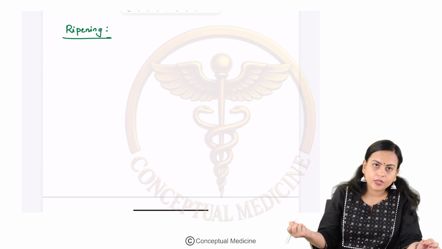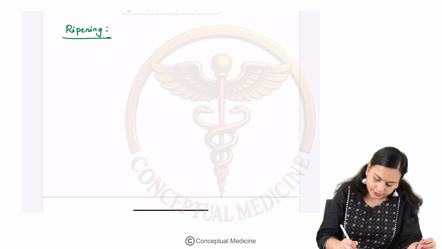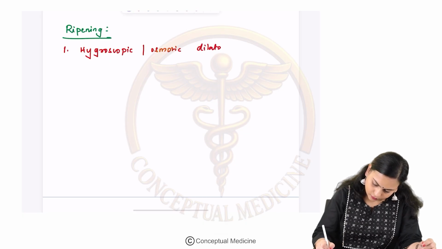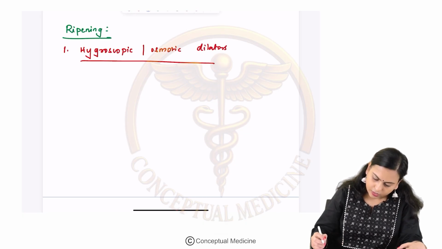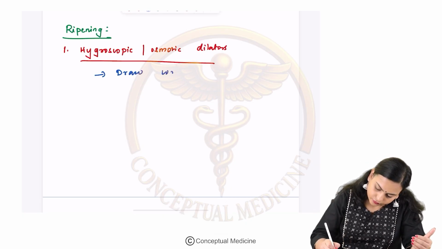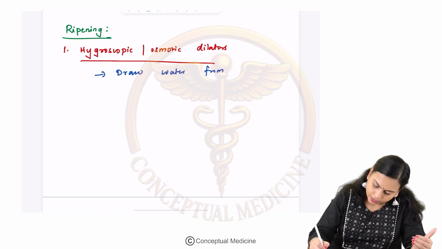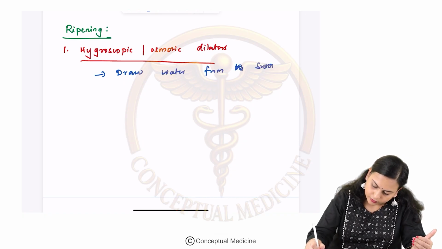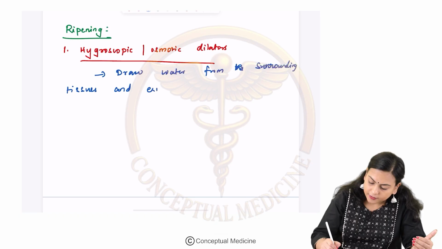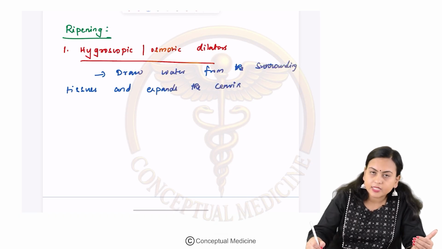Number 1, we can use hygroscopic or osmotic dilators. Now these osmotic dilators draw water from the surrounding tissues and expand the cervix, resulting in dilatation.